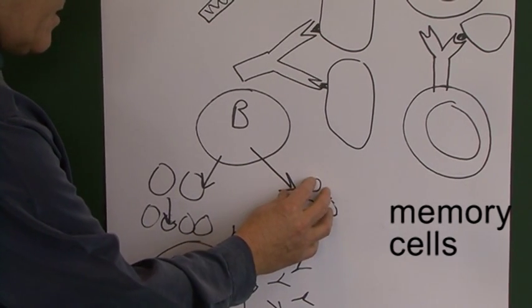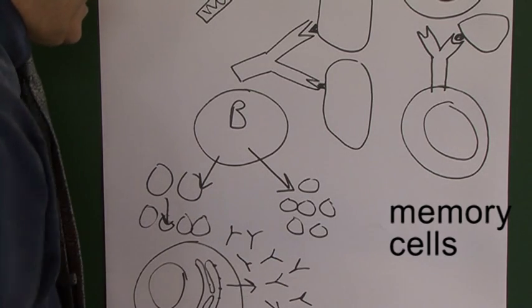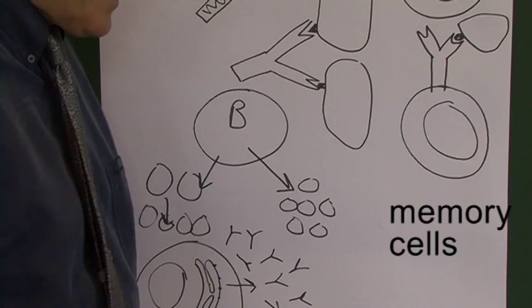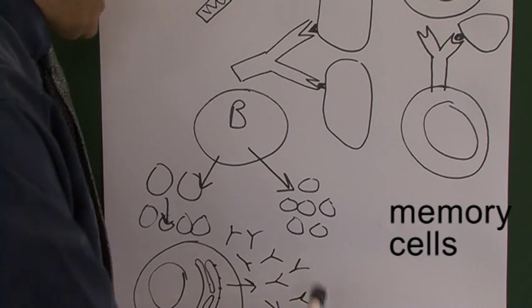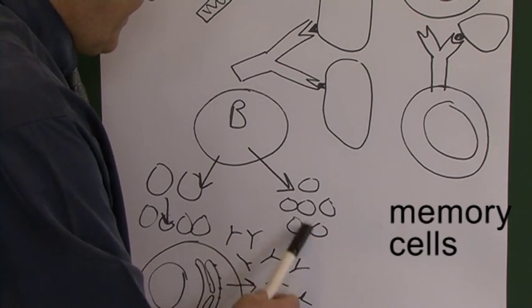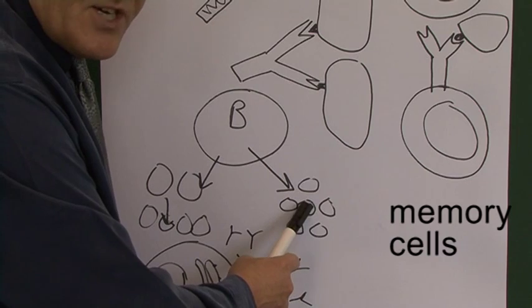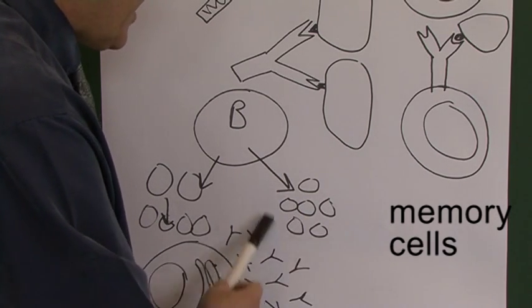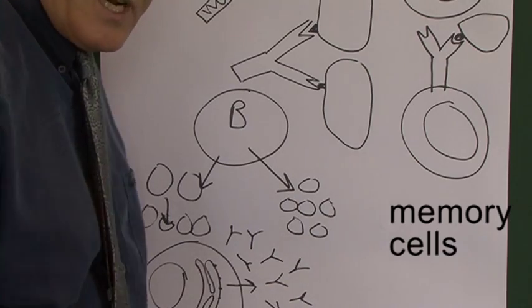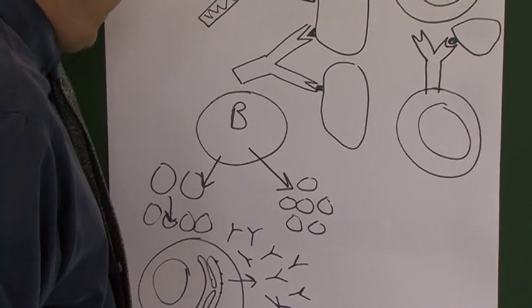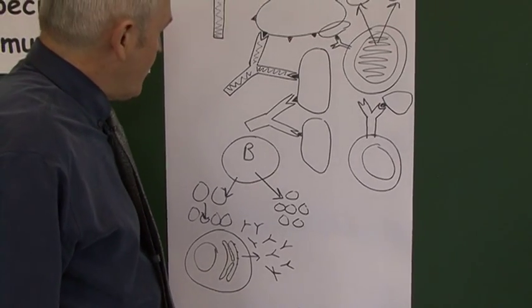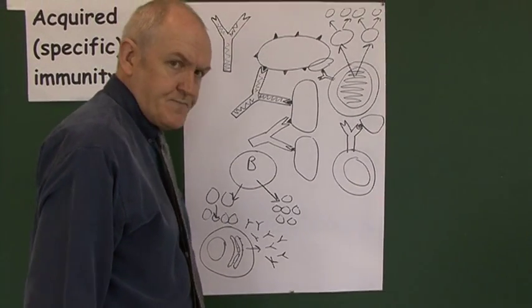But the memory cells and their descendants stay in the circulation for years or decades. And this means if the same antigen comes along to cause a secondary infection, you've already got a very large population of memory cells which can undergo rapid clonal expansion into another population of plasma cells to get rid of the infection much more quickly next time.